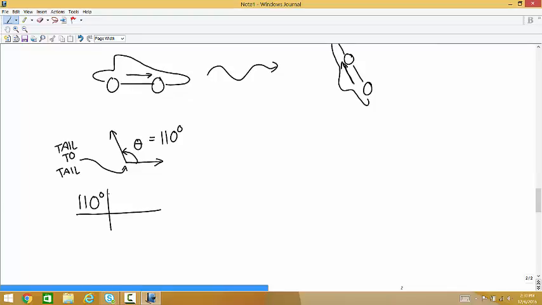So 110 degrees times pi radians divided by 180 degrees gives you 0.61 times pi. And if you multiply 0.61 times pi, you get something like 1.92. So that's the angular position of the car in that second picture.